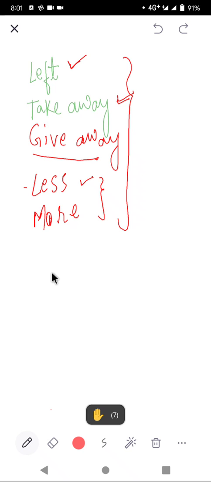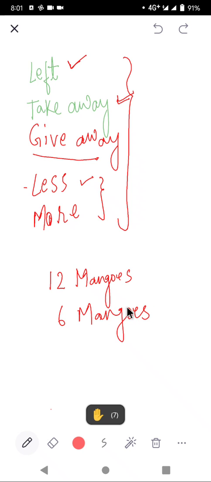Suppose I have 12 mangoes, and my friend has 6 mangoes. I am having 12 mangoes and my friend is having 6 mangoes.